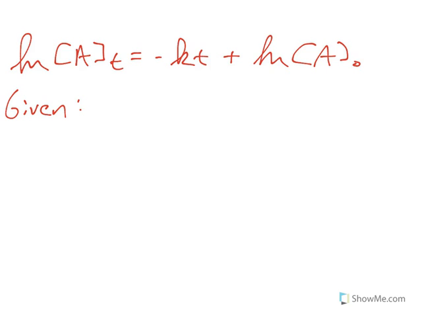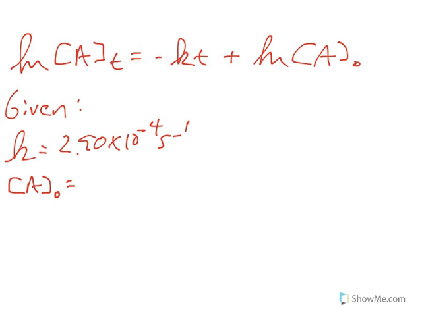We were given the rate constant, K. That was equal to 2.90 times 10 to the minus 4th inverse seconds. We were given A0. That is the initial concentration of the sulfuryl chloride.